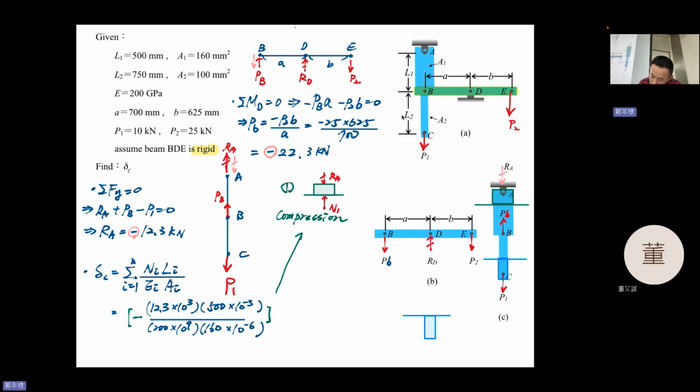Okay, and you have N2, upward, and also P1, we are sure this is the correct direction. And then we know that it will be tensile, tension. Okay, so it must be positive.